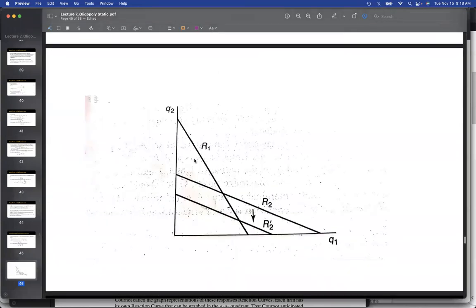Okay, so this just becomes yung magkakaroon ng change sa reaction function. In this particular case, what happens is the cost of firm 2 goes down, and therefore the monopoly output for firm 2 goes up. I'm sorry, the cost of firm 1 pala goes down. The cost of firm 1 goes down, so the monopoly output of firm 1 goes up, okay? Relative to firm 2.